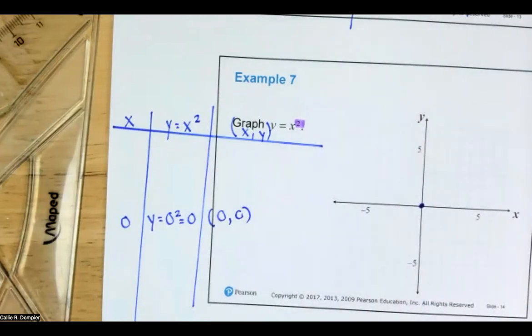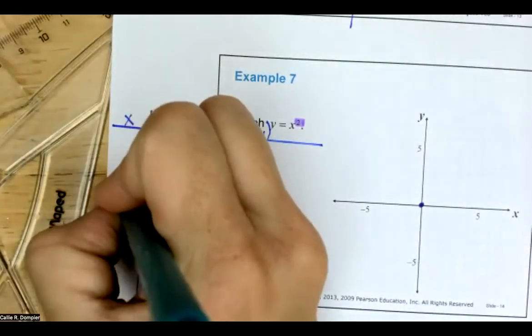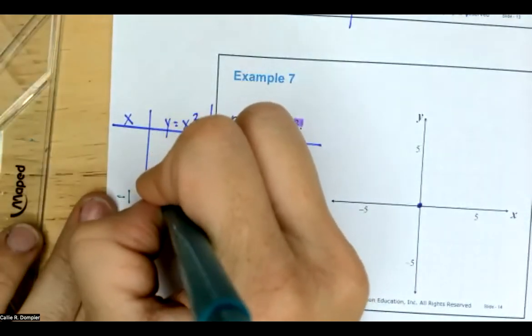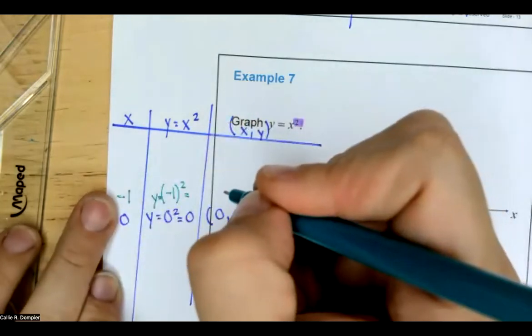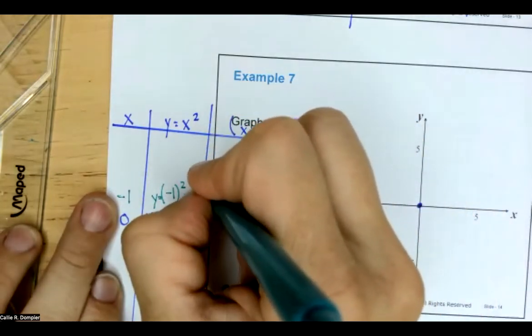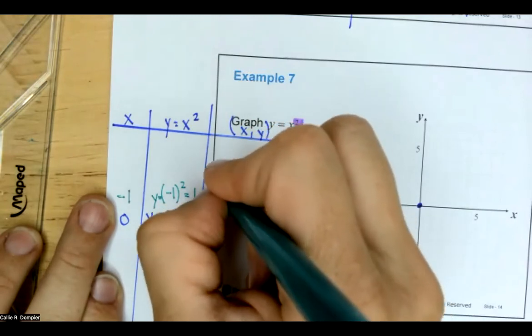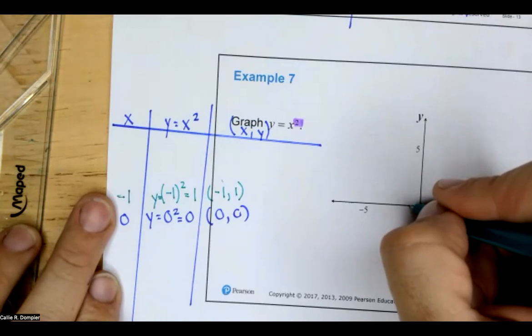Plot it like that. There's (0, 0). What about if x is -1? I said I liked using -1. That means y is equal to (-1) squared, which becomes 1, right? So my point is (-1, 1), because that's x, y.